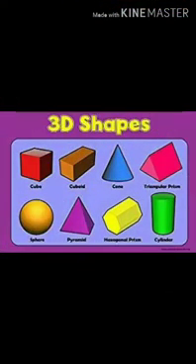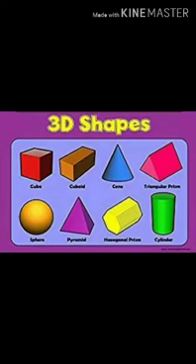Students, yesterday you read about different 3D shapes. I'm sure now you can easily identify the different solid shapes: cube, cuboid, cone, sphere and cylinder. Right? Okay.